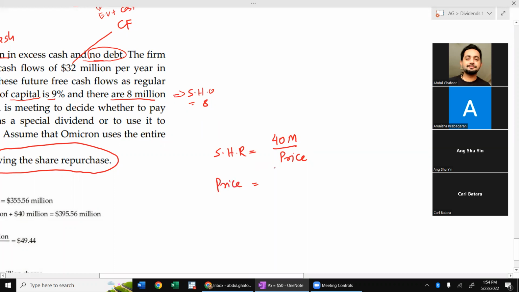So price is equal to market value divided by shares outstanding. Currently we have 8 million shares outstanding, but market value is equal to price times shares outstanding, and we don't have the price, so we cannot calculate market value this way.